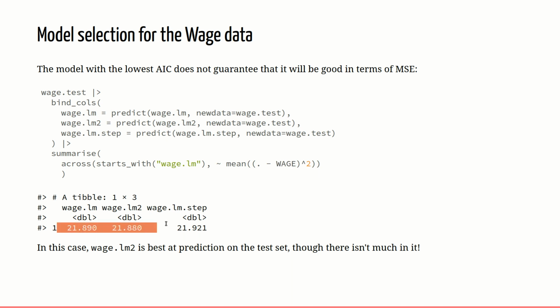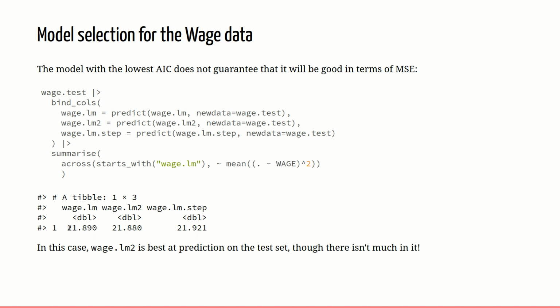So now you can see that I've computed mean square error across all three at once. So you can see I've got 21.89, that's the original, 21.88, that's the one where we removed race, and 21.921. So you can see here in this case, wage.lm2 is the best at prediction on the test set. But they're all really similar. So removing variables hasn't really improved things massively.